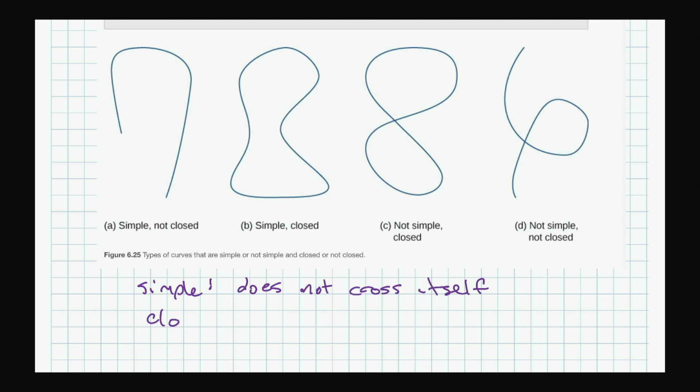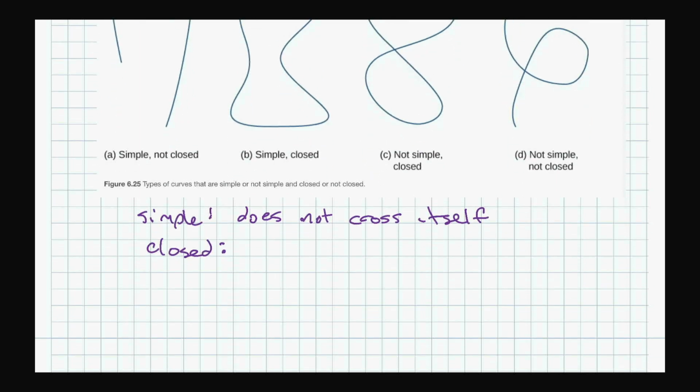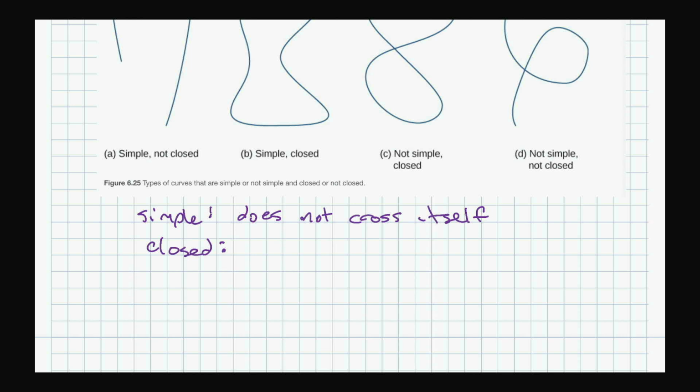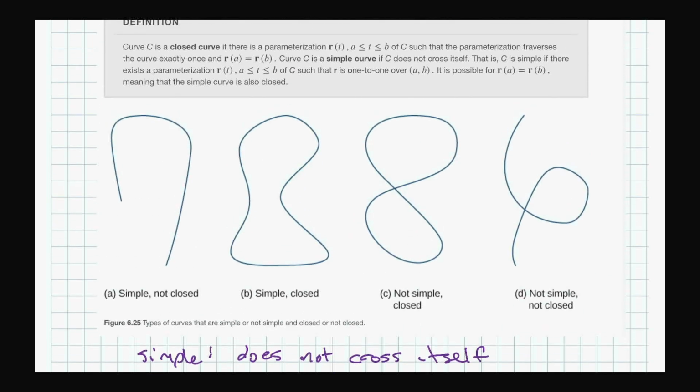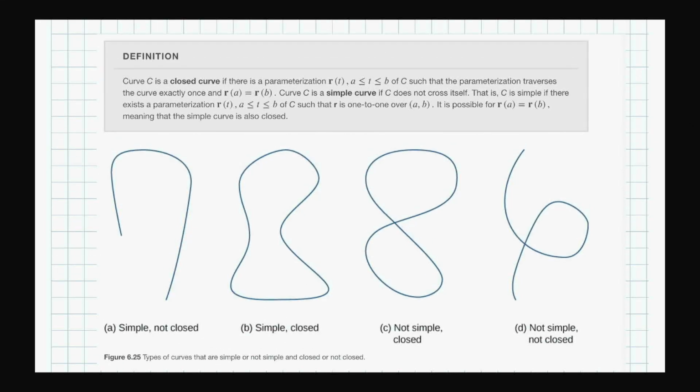and closed is going to mean it's a closed curve, right? Closed curve. So pretty simple. If you look up here at the definitions, they're going to say what they mean mathematically by that. So they say it's closed if you can parameterize it so that r(a) equals r(b).